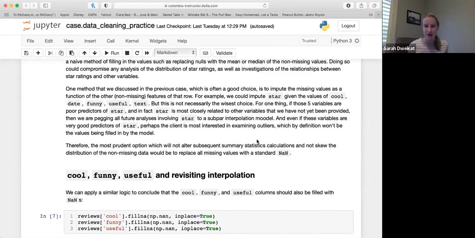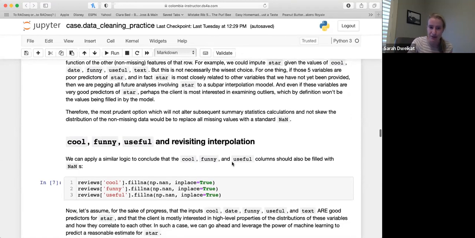So let me repeat myself and just say that if we were handling this data set for real, we would just put in NaN values. Okay, so that's actually what we're going to do right here. This code, using fillna, will put NaN values in place of any missing data for the columns cool, funny, and useful.